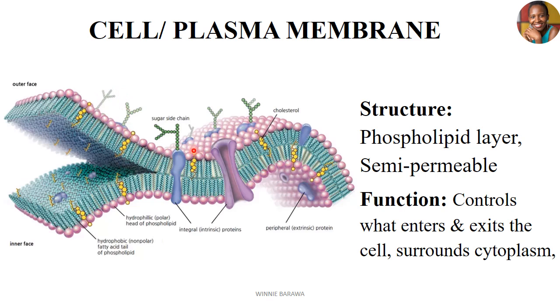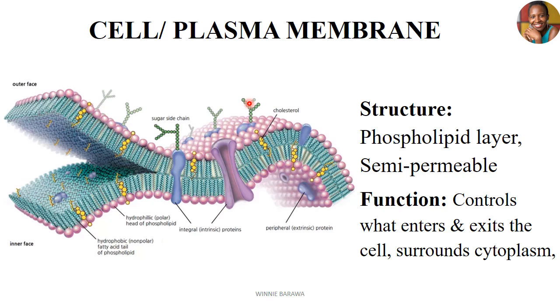And being a bilayer, the cell membrane contains special components, and that is the lipids and the proteins, and these carry different functions on our cell membrane. Examples of the proteins are the integral proteins and the peripheral proteins. Then we have the lipids here in form of cholesterols. There are some glycoproteins here. All these are doing different functions, but like I said, we will come later to describe this.